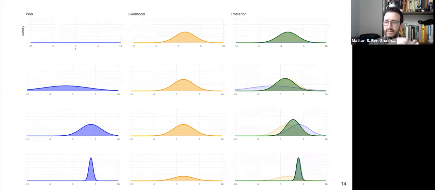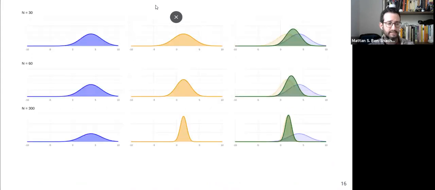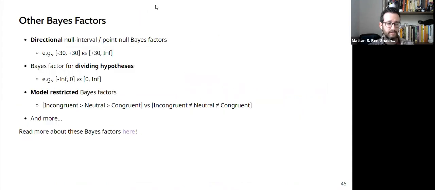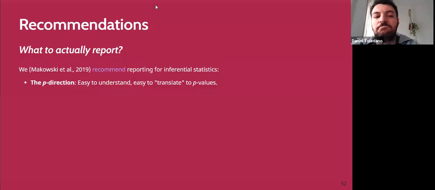In that way, the posterior actually becomes the new prior. If you email me later, I'll send you my contact details and a paper that discusses how to do that more specifically. Thanks.